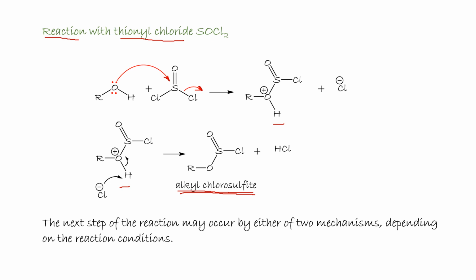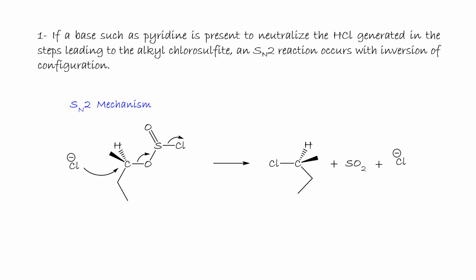Now, the next step of reaction may occur by either of two mechanisms depending on the reaction condition. If a base such as pyridine is present to neutralize the HCl generated in the steps leading to the alkyl chlorosulfite, an SN2 reaction occurs with inversion of configuration.